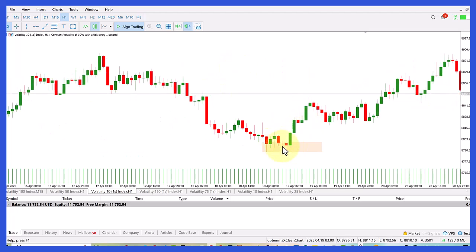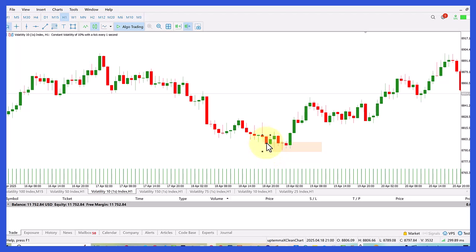Observe this one very well where my cursor is. You see that these current lows, all of them, none of them went below this particular first low that I just highlighted in red.